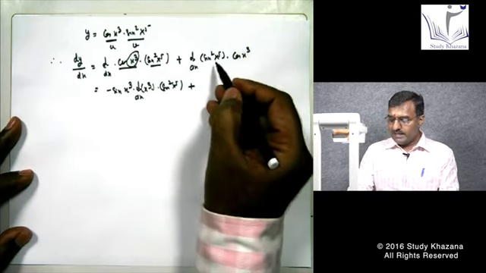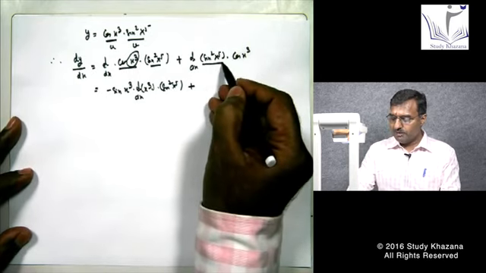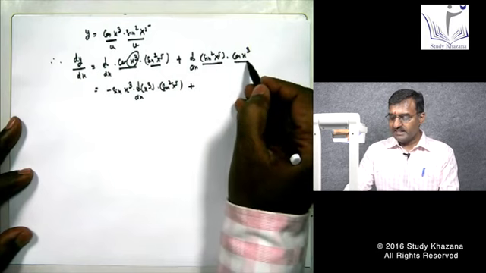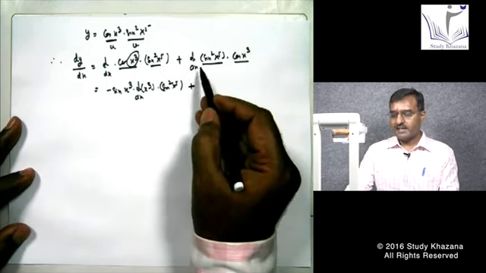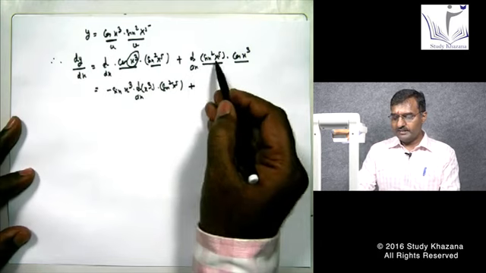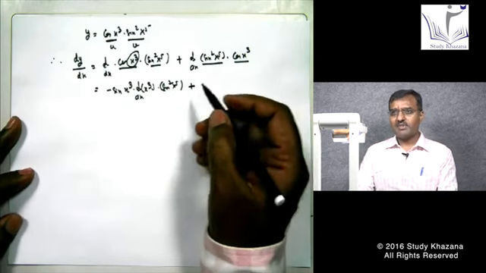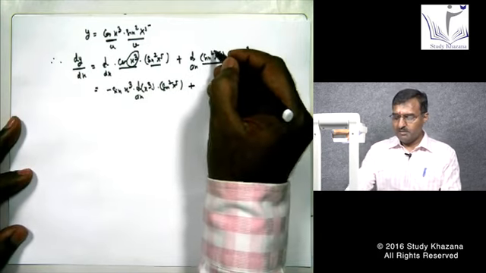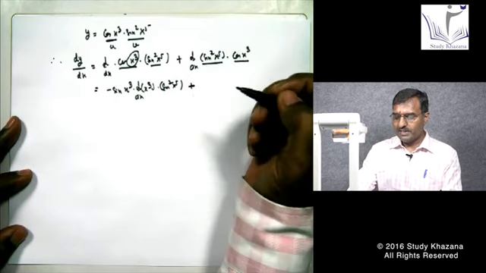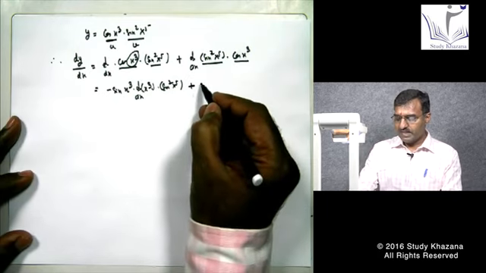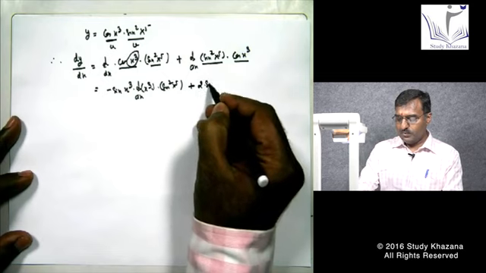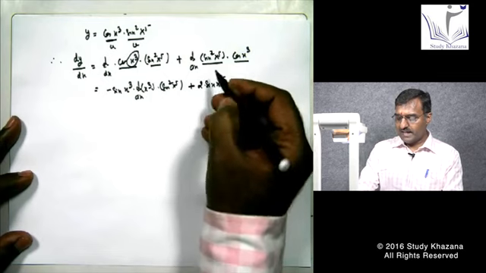Now in the next step, I have to take the derivative of sin square x5. So when I am going to take the derivative of sin square x5, here I have to remember, first I have to take the derivative of this power. So first I will write 2 sin x5.